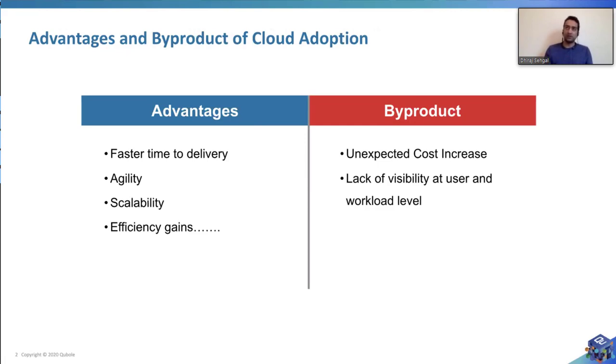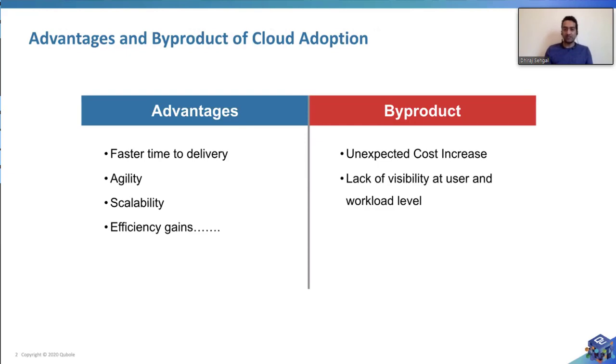You can spin up your infrastructure, you can run your workloads, and get to production faster. It provides you agility with respect to what type of services you want to use and how you want to mix and match. And then also scale: if you want to spin up more and more resources for your project or workloads, you can do that and the cloud will scale. And with that come efficiency gains because the speed is far more.